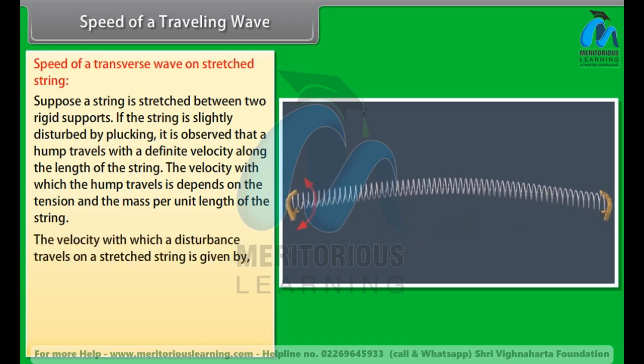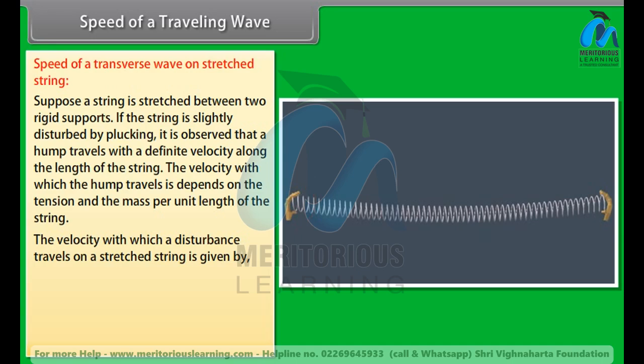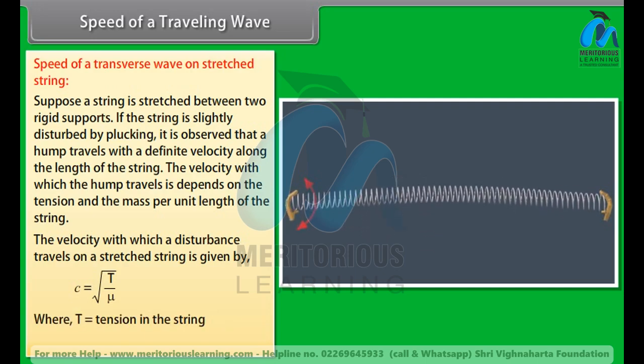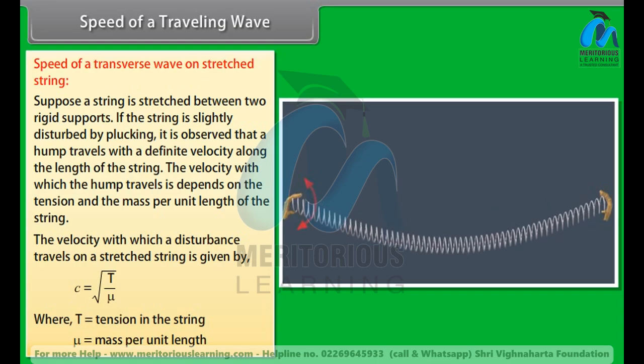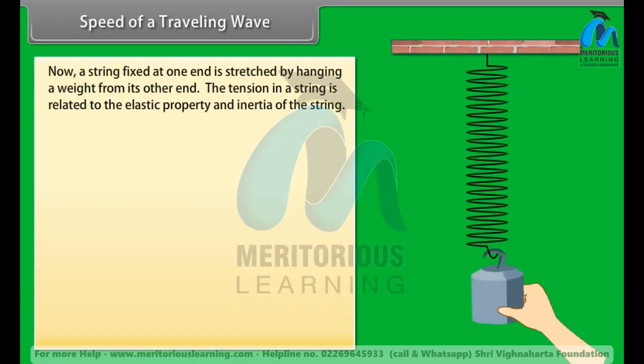The velocity with which a disturbance travels on a stretched string is given by C equals square root of T upon mu, where T is the tension in the string and mu is the mass per unit length. Now, a string fixed at one end is stretched by hanging a weight from its other end.